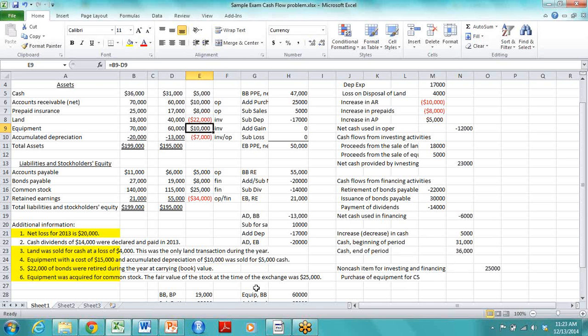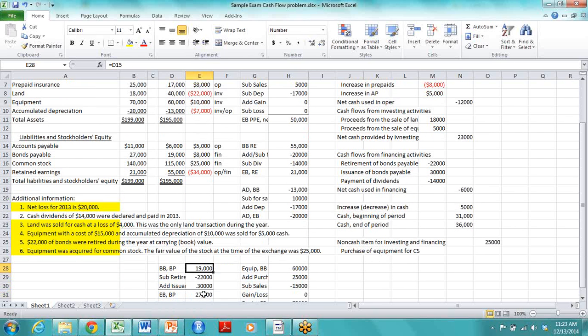And someone's still confused about the bonds payable. Take a look at this roll forward here, because this is kind of helping you figure out how we're getting to the net change of 8,000. So here, if I take the retirement plus the issuance, that gives me my change of 8,000. The information I'm given is I'm given the 19, I'm given the retirement of 22, and I'm given the 27. If I just take those 3 items, I don't get a change or an increase of $8,000, right?